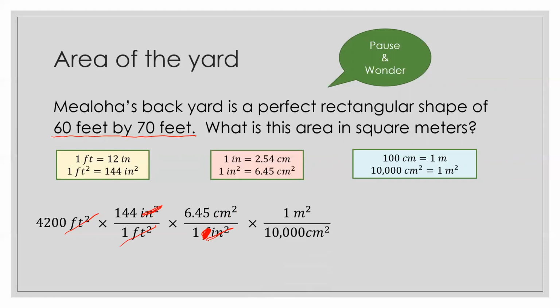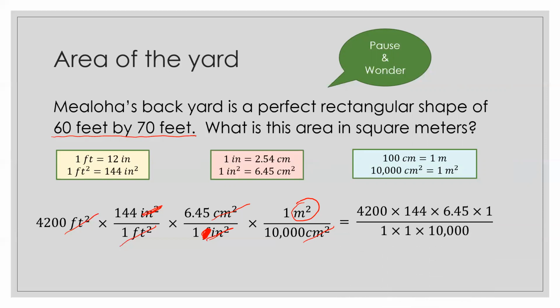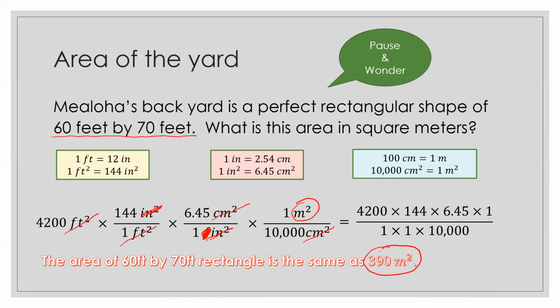We have 10,000 square centimeters is 1 square meter. So square centimeters divided by square centimeters, that is gone. And we end up with square meters, which is what we want. Now, throw that in your calculator. You will end up with roughly 390 square meters.